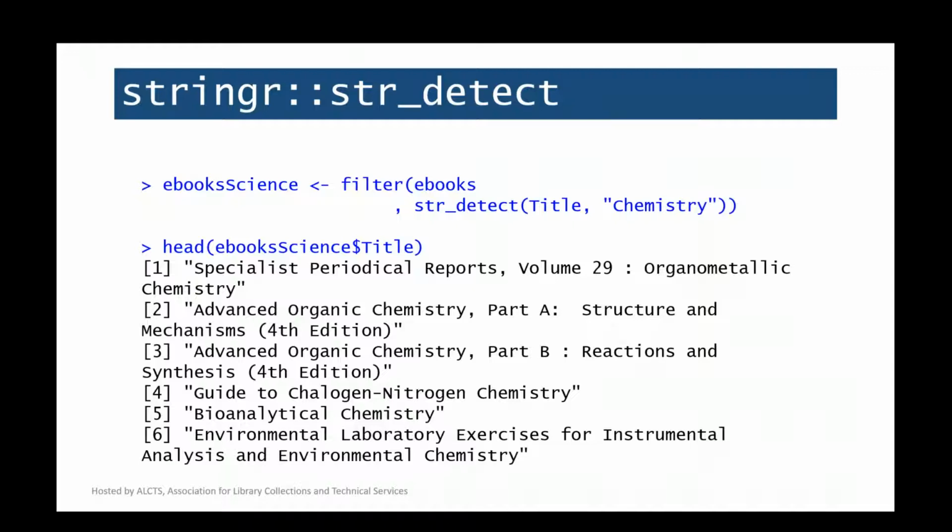That way, it's a really robust way of creating a subset of your data according to words. So that's all for the suite of stringr functions. Next, I'm going to move on to doing some more complex analysis in dplyr.